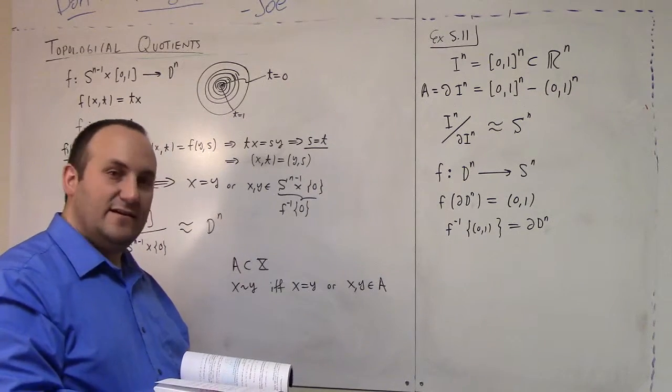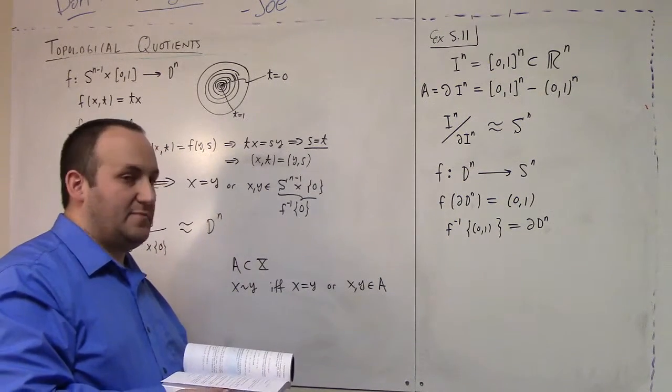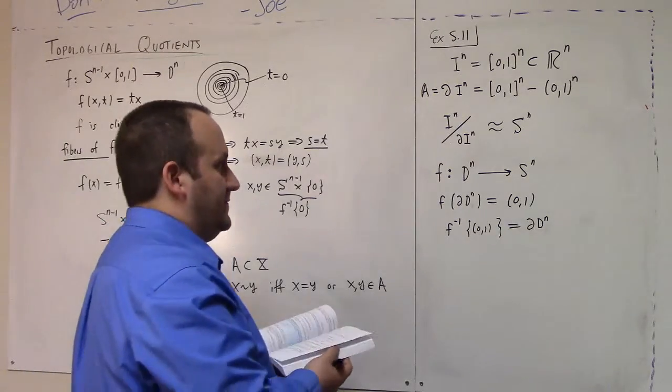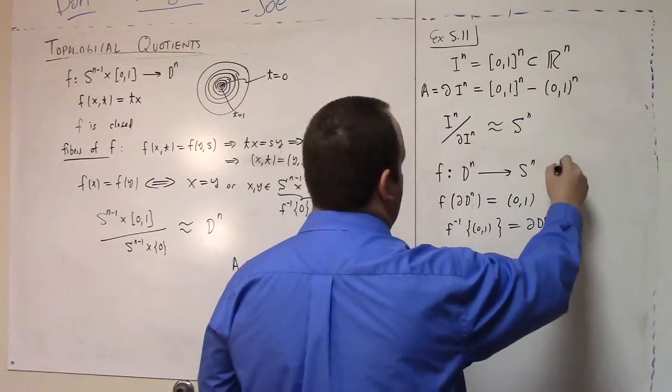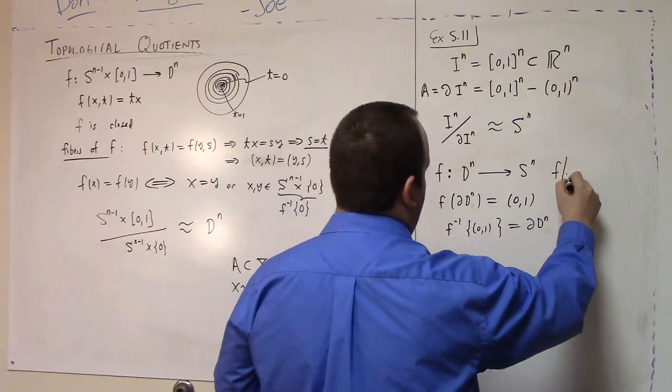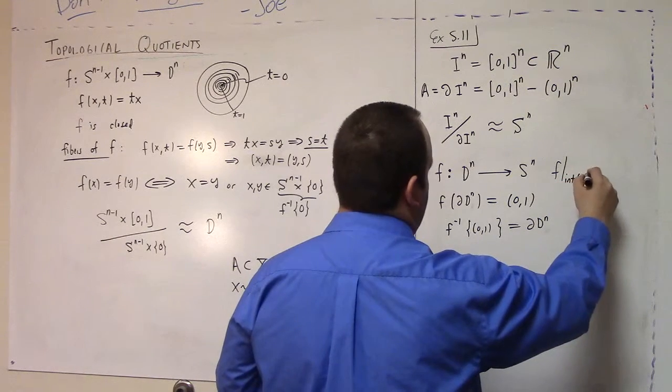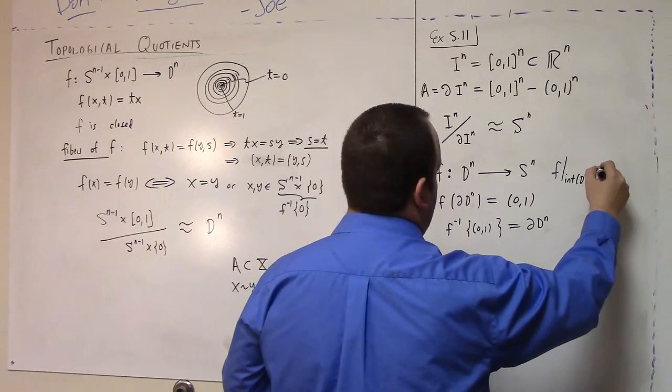Setting aside the boundary of D^n, F restricted to the interior of D^n is 1-to-1.